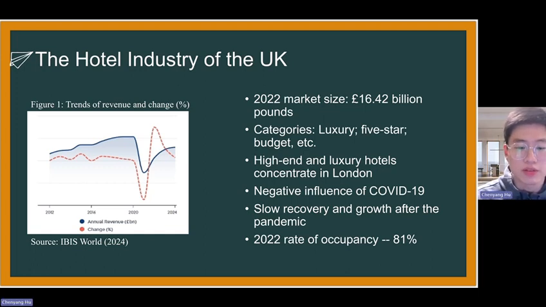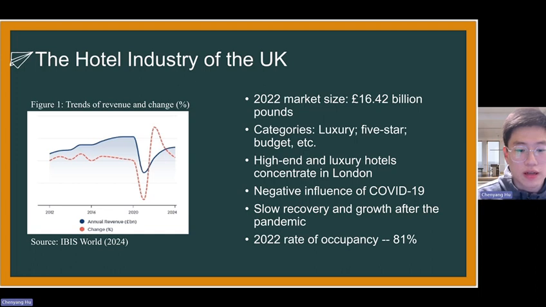The categories of hotels in the UK are rich, including not only five-star and luxury hotels, but also budget hotels. Luxury and high-end hotels concentrate in London, but not limited to the capital. In all the cities around the country, there are chain hotels providing limited service.